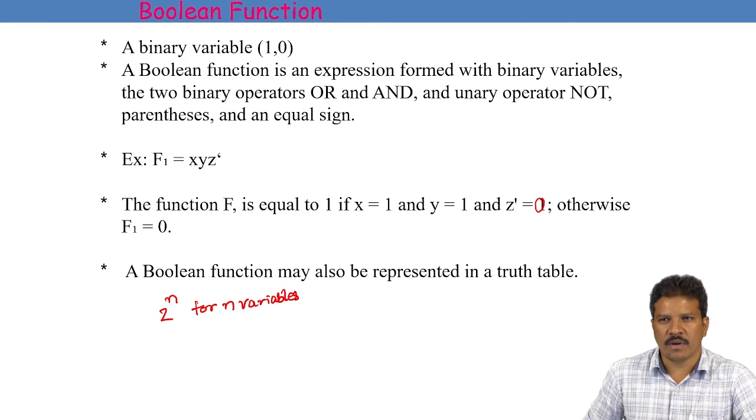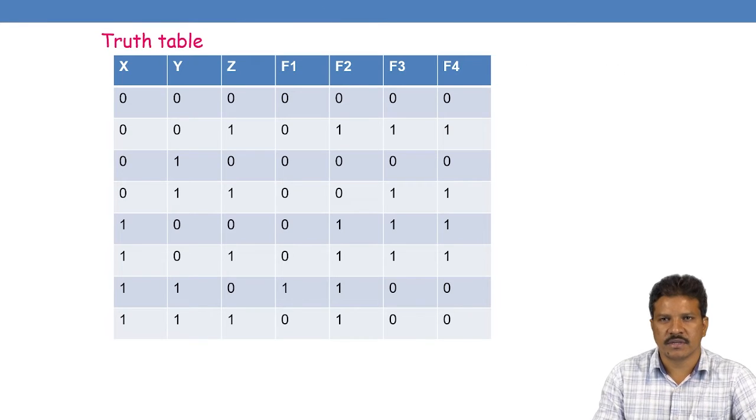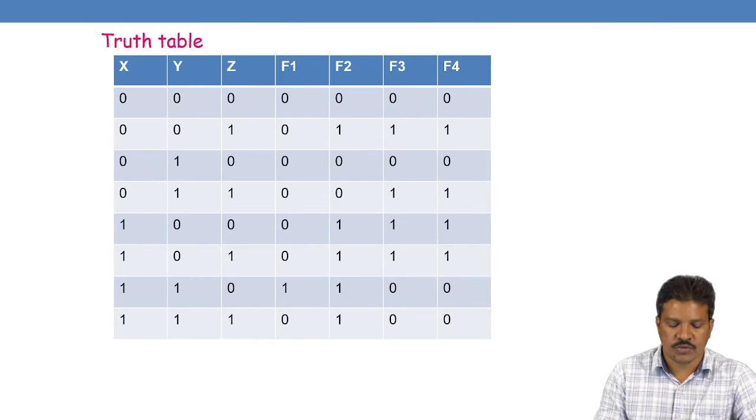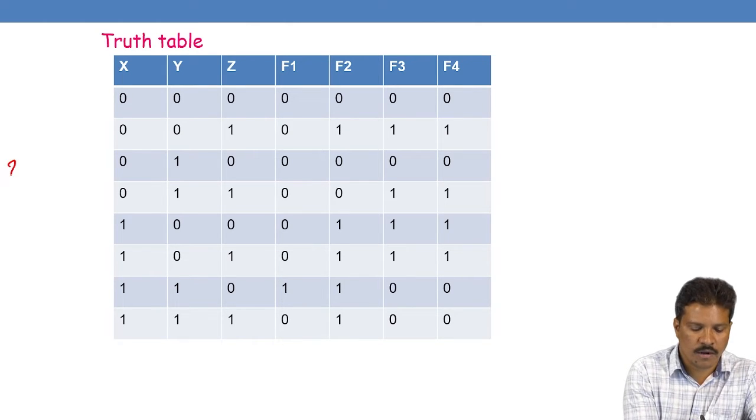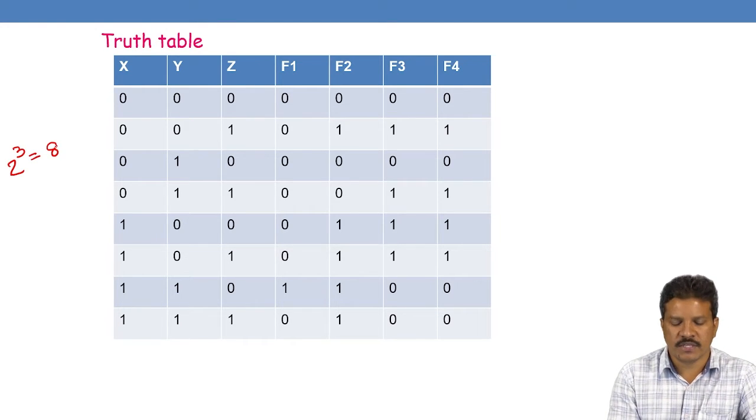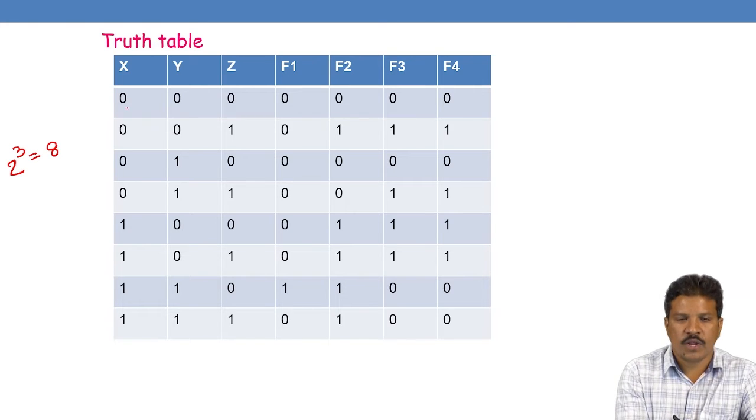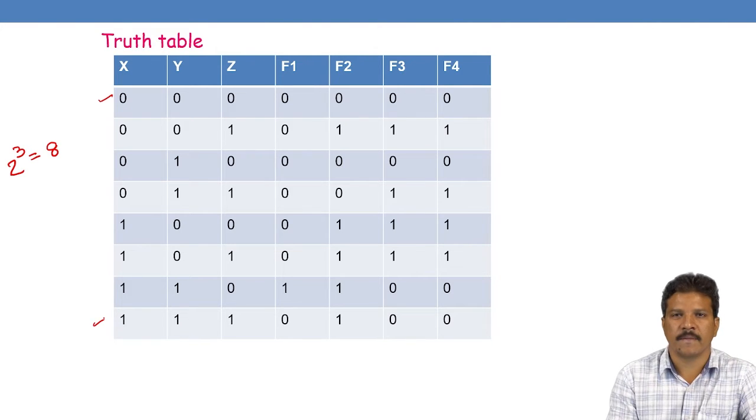You can see an example truth table of Boolean functions here. In this truth table, we use the variables x, y, z and four different Boolean functions f1, f2, f3 and f4. In order to make this table for 3 variables, we require 2 power 3, which is equal to 8 Boolean combinations of 0 and 1, from 0 to 7.